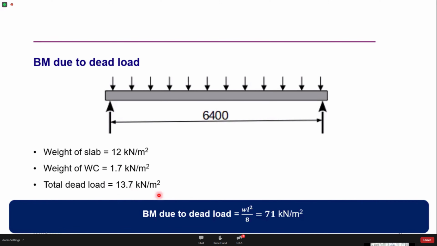Now this dead load is going to be spread uniformly over the length of the slab. So this gives me a very simple condition of a slab subjected to a uniformly distributed loading. For this loading condition, I can straight away get the bending moment due to dead load, which works out to WL squared by 8. From this, I can calculate the bending moment.